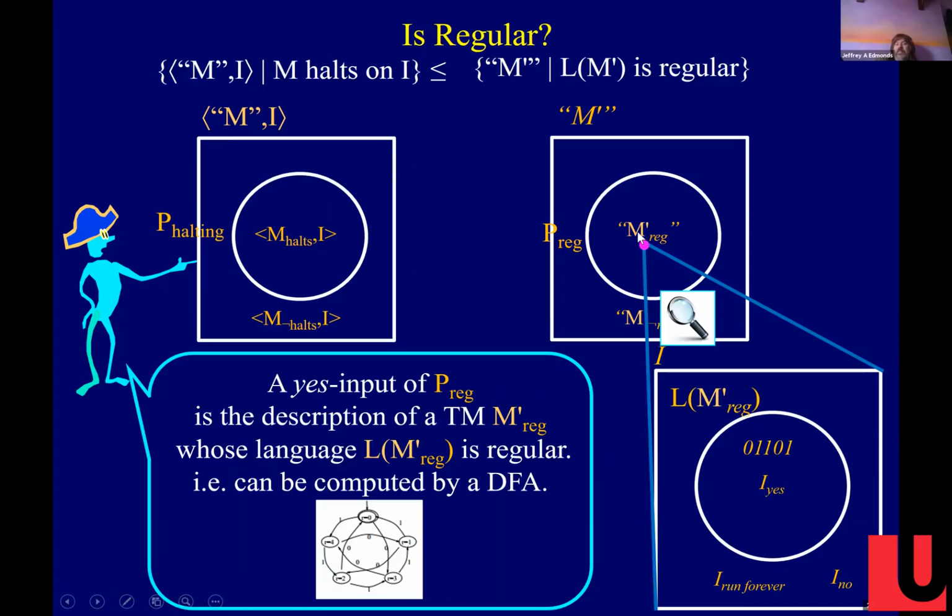That dot is a particular Turing machine. M prime, the input to this problem, is a Turing machine. So I can ask that particular Turing machine, what is its language? On some inputs, it says yes, on some inputs it says no, and on some inputs it runs forever.